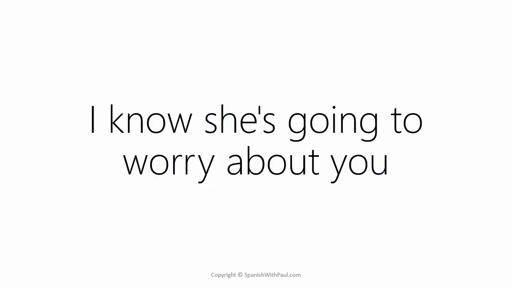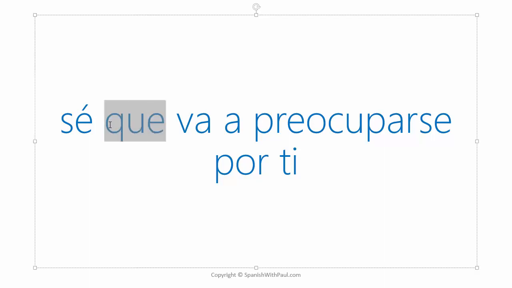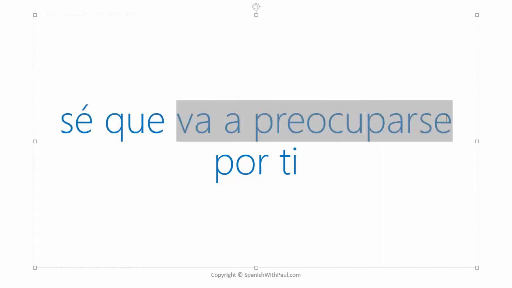I know she's going to worry about you. Sé que va a preocuparse por ti. We have sé for I know, and the that is implied, so we throw it in. I know that she is going to be worried about you. So we have sé que she is going, va a, to worry herself, preocuparse, about you, por ti.